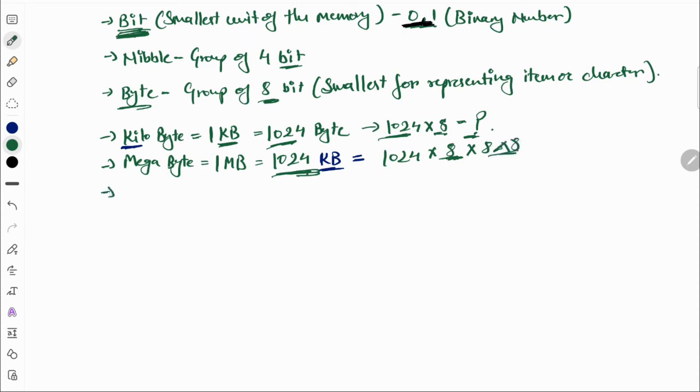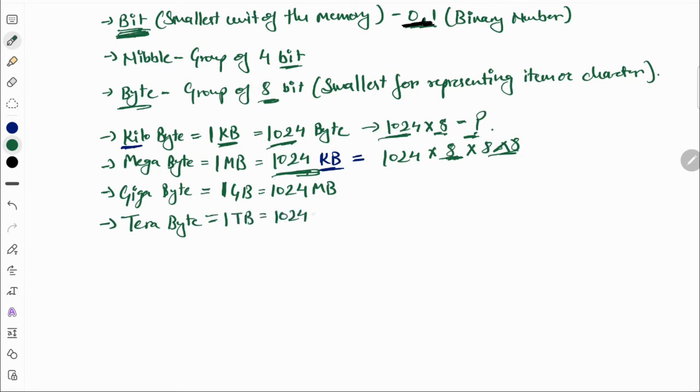Then next is gigabyte. 1 GB is equal to 1024 megabytes. You can convert it to kilobytes. After gigabyte, it's terabyte. 1 TB is equal to 1024 GB.